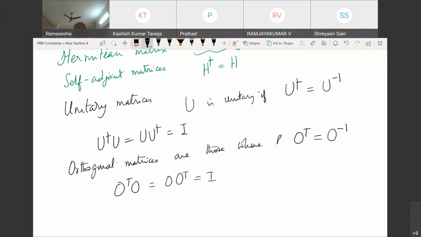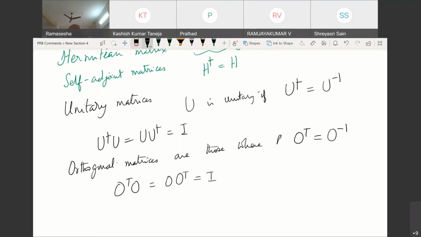Okay. And we will study properties of these matrices because when you are doing quantum mechanics, one of the most important parts is to know matrix algebra of Hermitian and unitary matrices.